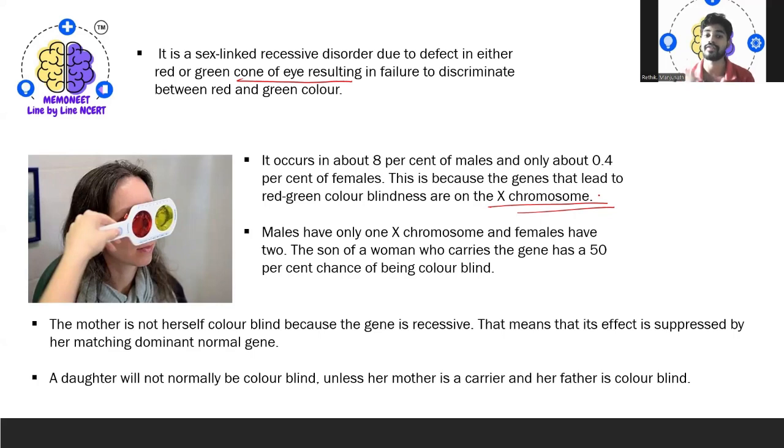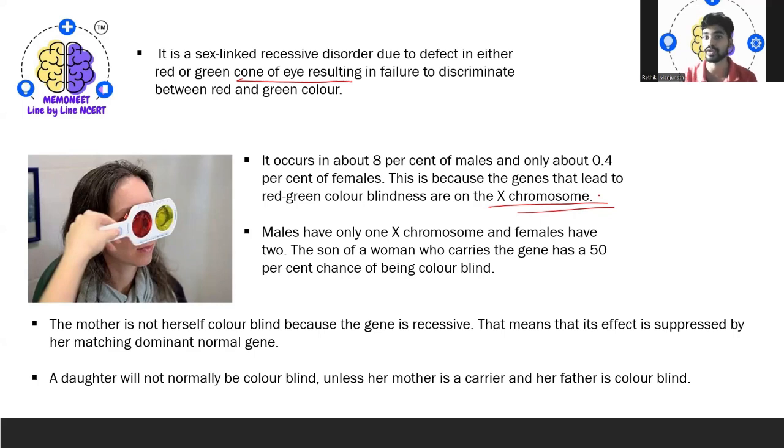So for a daughter to become color blind, in this circumstance a daughter will normally be a carrier. Okay, but a daughter will be color blind only if the mother, who is a carrier, is married to a father who is color blind. So now what happens as a result? The father is already color blind.